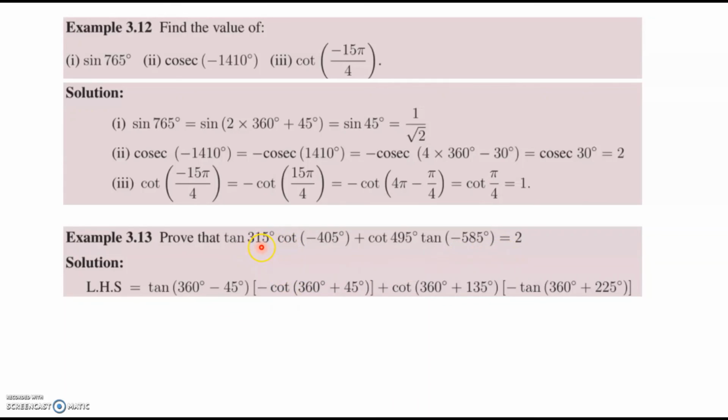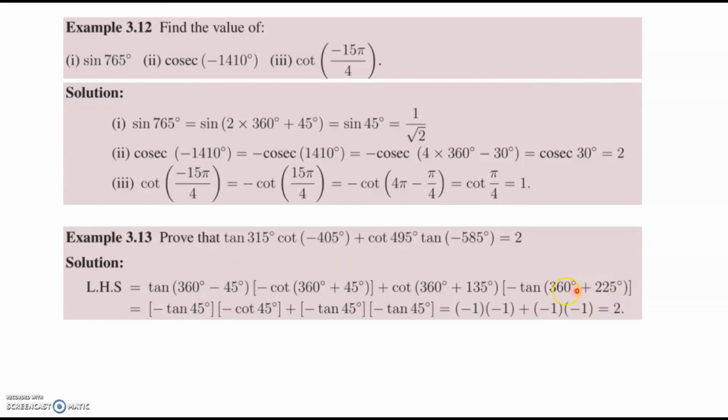Tan 315 can be written as tan of 360 minus 45 degrees, and cot minus 405 can be written as minus cot of 360 plus 45 degrees, and cot 495 can be written as cot of 360 plus 135 degrees, and tan minus 585 can be written as minus tan of 360 plus 225 degrees.